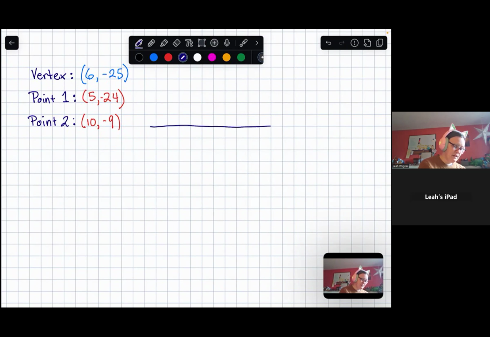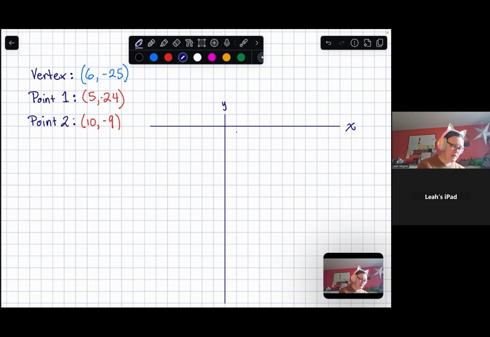Here we go. X-axis, I'm putting it really high up because all of my y values are going to be negative y values. I need to make sure that there is at least 10 spaces over here on the right of my x-axis and at least negative 25 spaces on the down section of my y-axis.